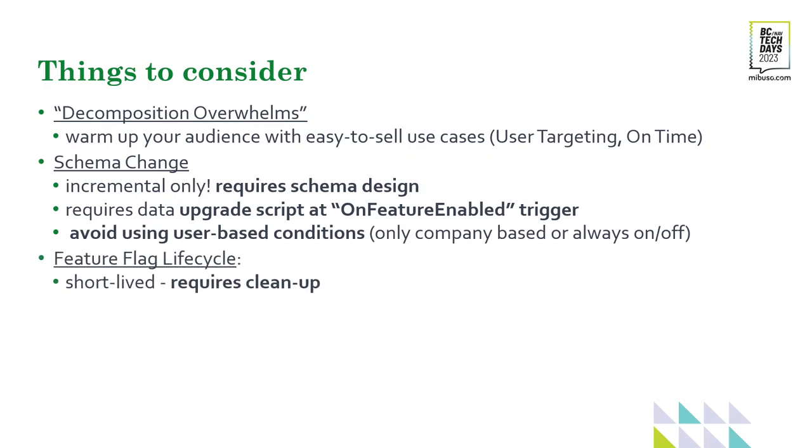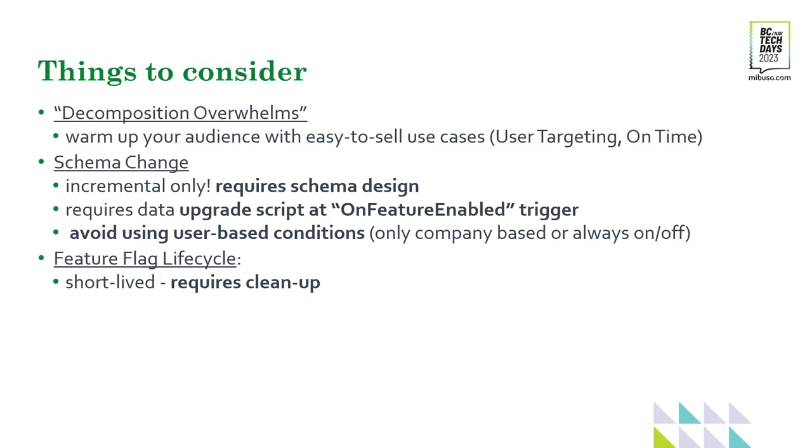I mentioned already the feature flag lifecycle. What I didn't mention is that this process introduces another phase into your delivery pipeline, which we call cleanup. The idea of cleanup is that you get rid of the legacy code that was there, as well as the conditions that you had within your code base.